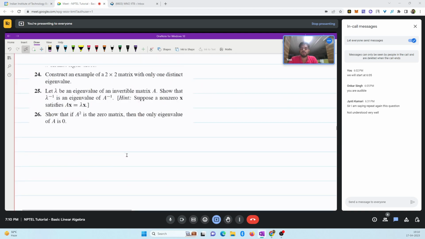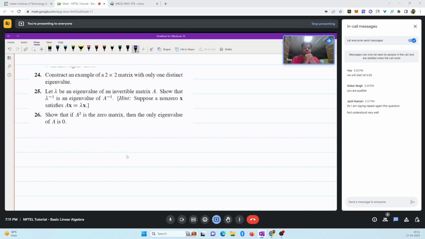Okay, so you have to attempt these questions. I'll give you some time to read and attempt, then I'll try to solve this. For 24, you have to construct a 2 cross 2 matrix with only one distinct eigenvalue. The distinct eigenvalue should be only one.